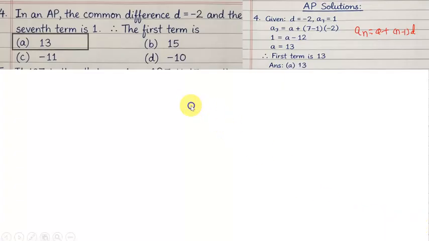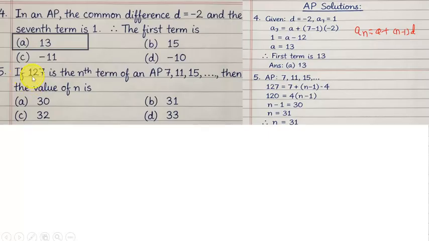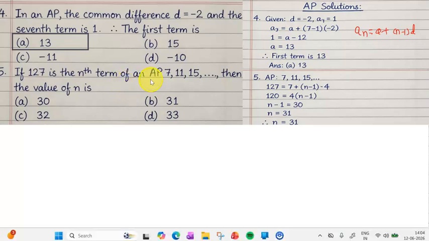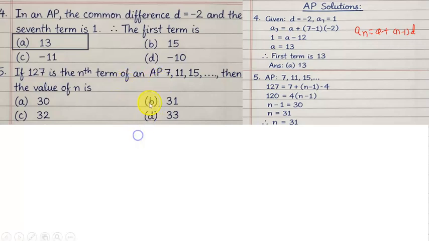Okay. Now next, if 127 is the nth term of an AP, okay, and the AP is 7, 11, 15 and so on. Then the value of n is, okay, here the AP is 7, 11, 15. Now this is the nth term. Again here we will apply the same formula. an is equal to a plus (n minus 1) into d.